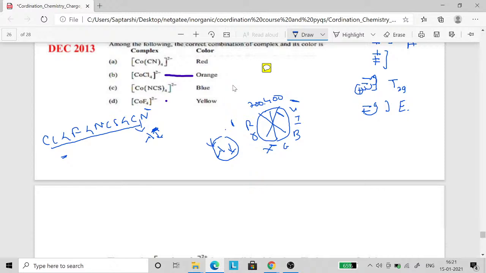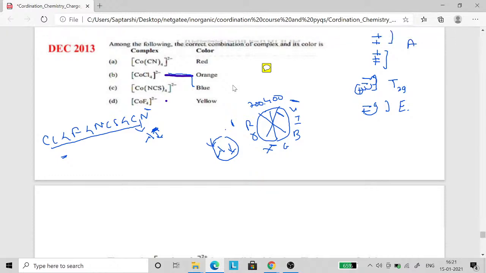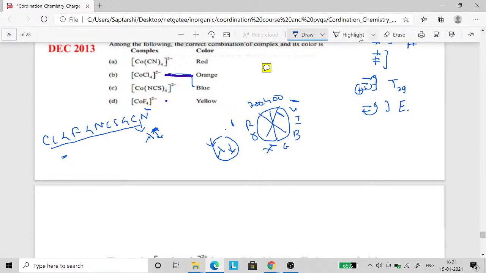So actually this should be blue, right? And your CN, which has a lower wavelength. Let me see this part one more time.